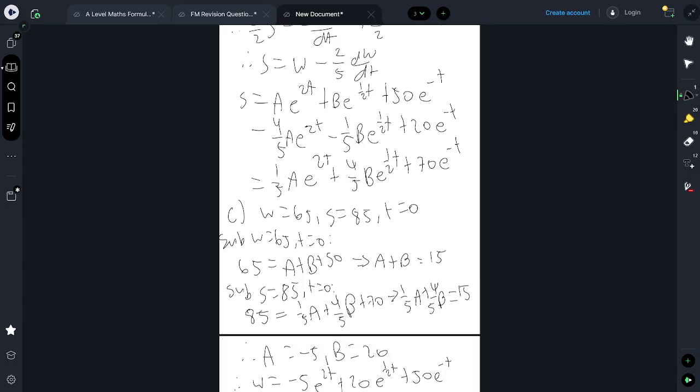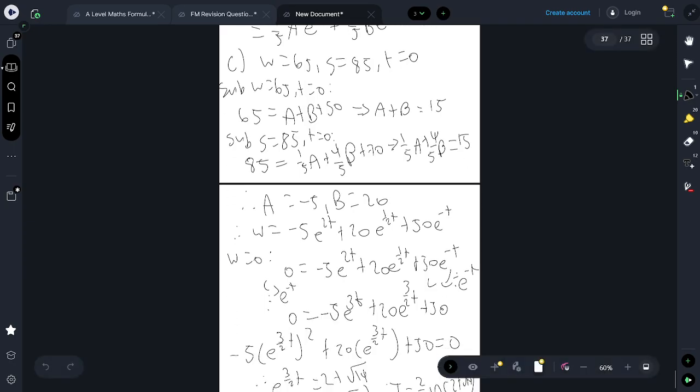Does it ever go negative? Well, W and S can't be negative. Well, actually, no, we have a negative coefficient here of A. So, for example, W here is minus 5. So really, it's going to be negative, if you think about the graph of e to the x.